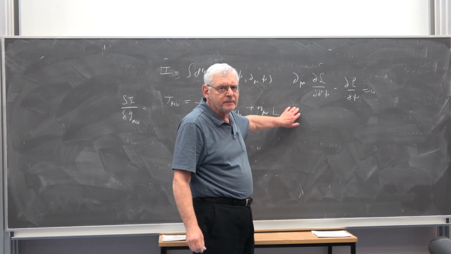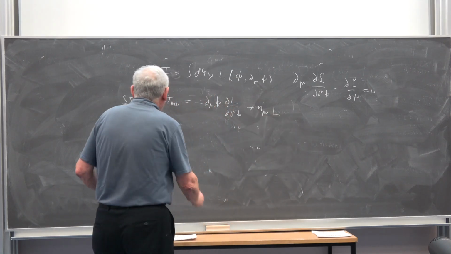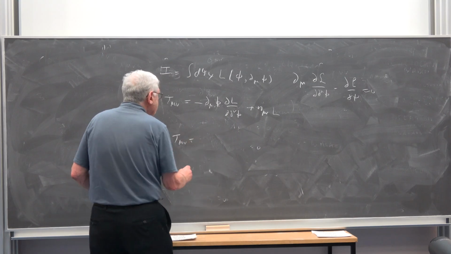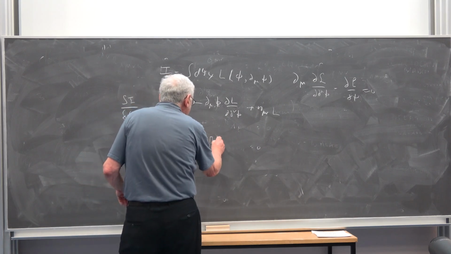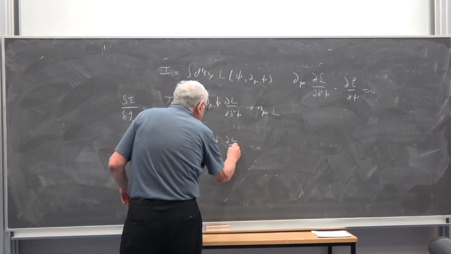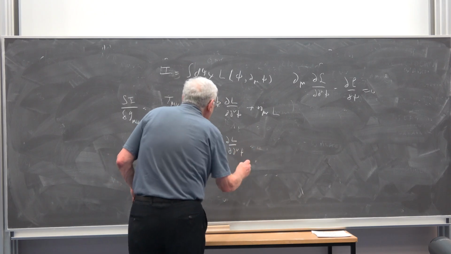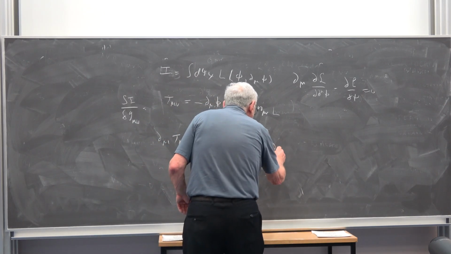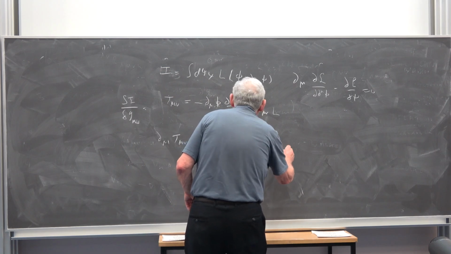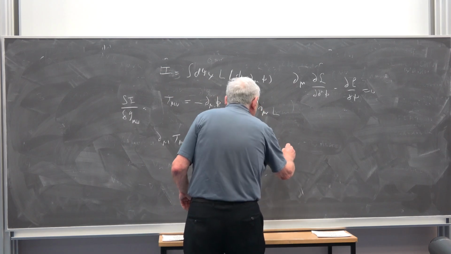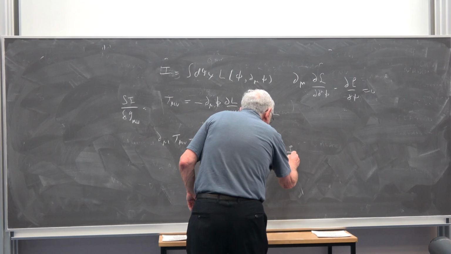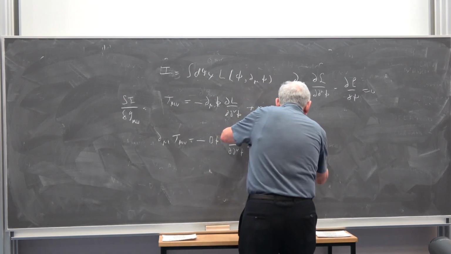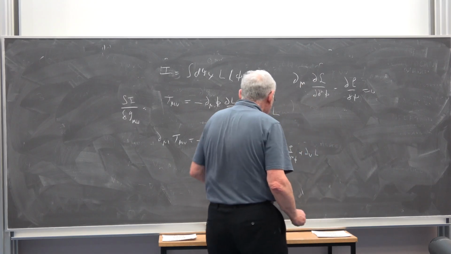That's standard classical mechanics. So let's calculate the derivative of the energy momentum tensor. It's minus box φ ∂L/∂(∂_νφ), minus ∂_μφ ∂_μ ∂L/∂(∂_νφ), and then the η^{μν} gives me plus ∂^ν times L.